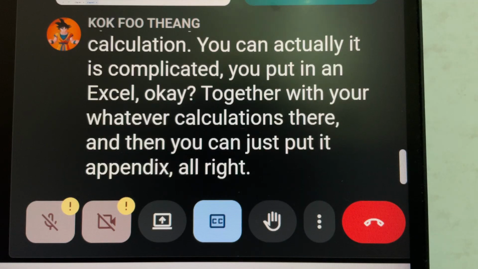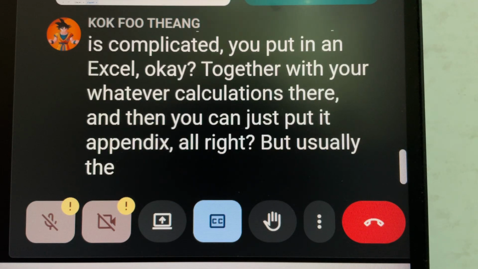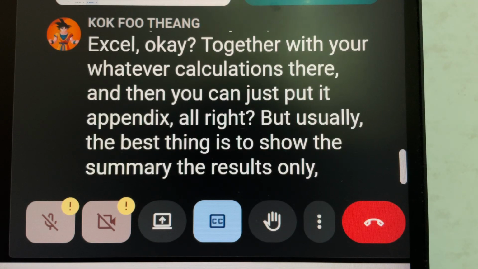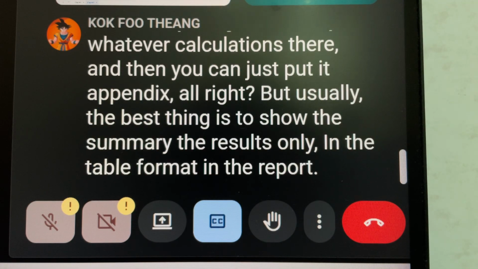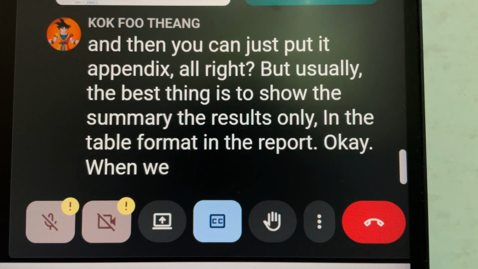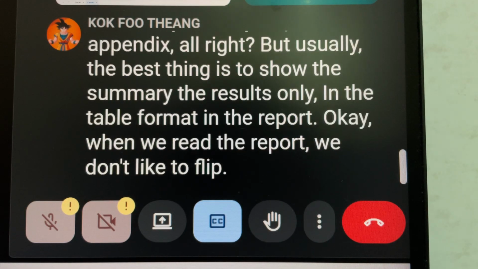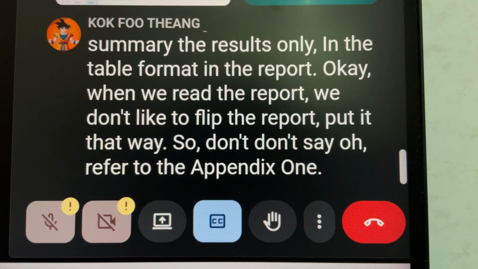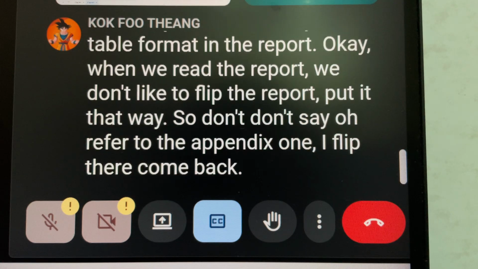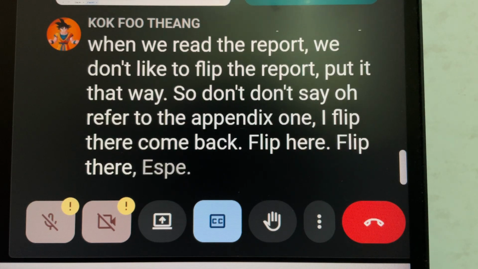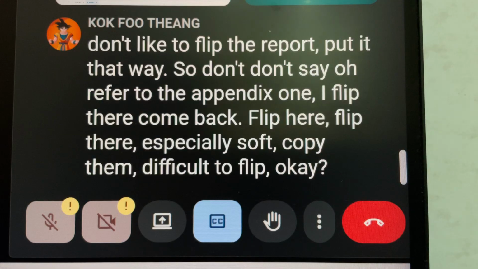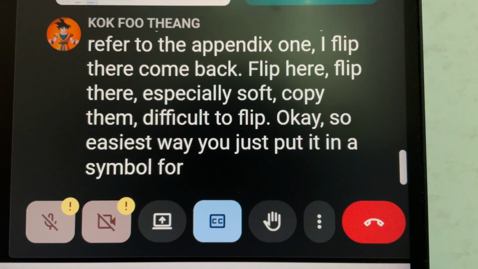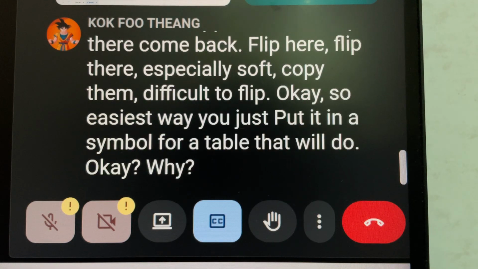But usually the best thing is to show the summary, the results only, in table format in the report. When we read the report, we don't like to flip the pages. So don't say, refer to appendix 1, then I flip there, come back, flip here, flip there. Especially soft copy, it's very difficult to flip. So the easiest way is to put it in a simple table. That will do.